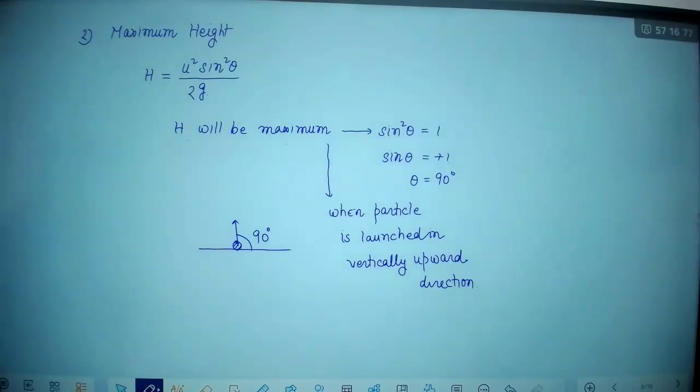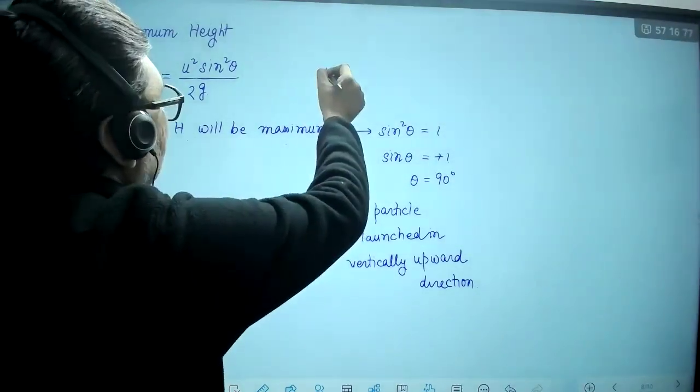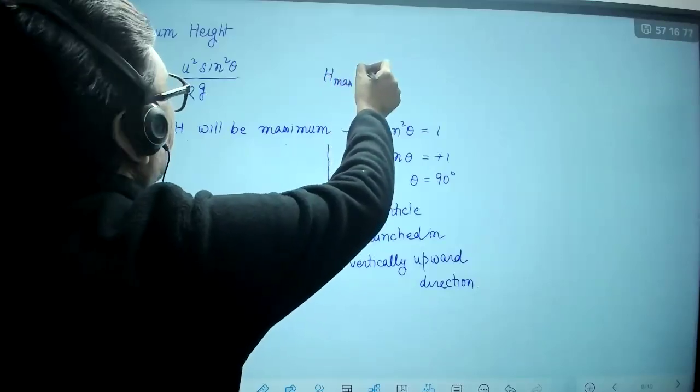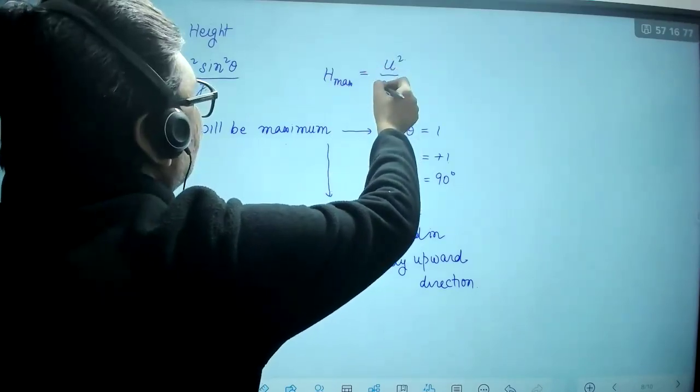Sir, here H is equal to U square by 2G, right? Yes, the highest point is this H max, which will be U square upon 2G.